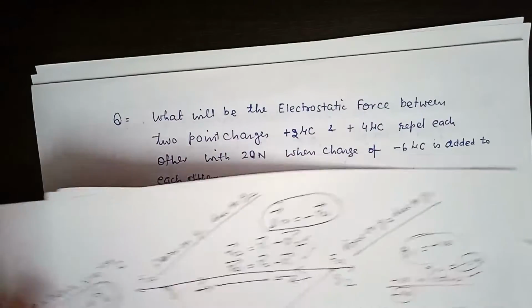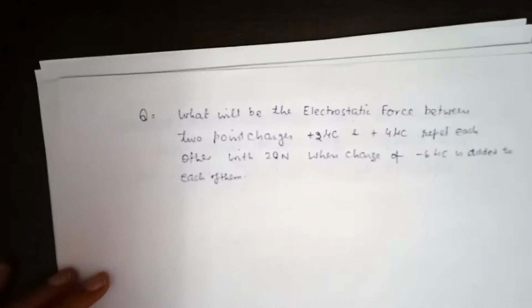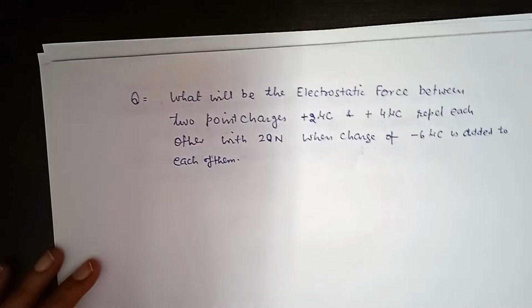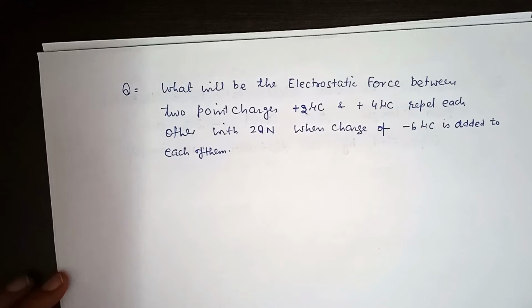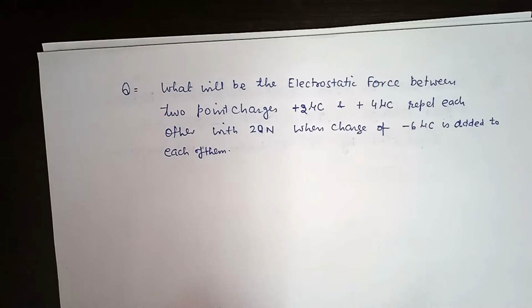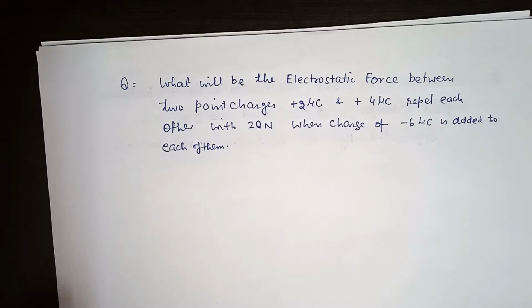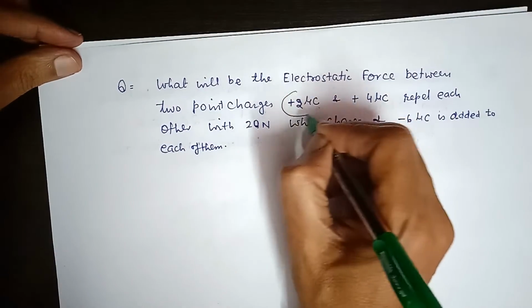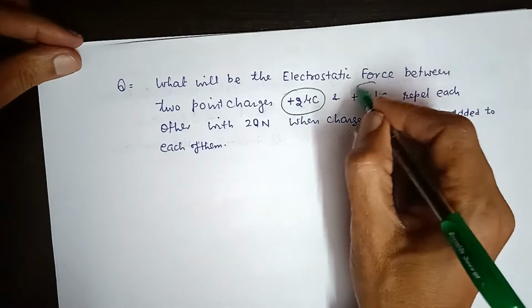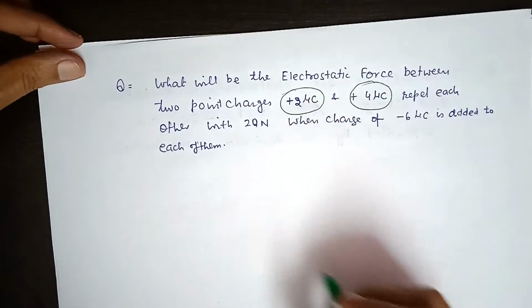Now we do some numericals. By numericals it will be more clear. See, here the question is, what will be the electrostatic force between 2 point charges? One is 2 microcoulomb and the other is plus 4 microcoulomb.